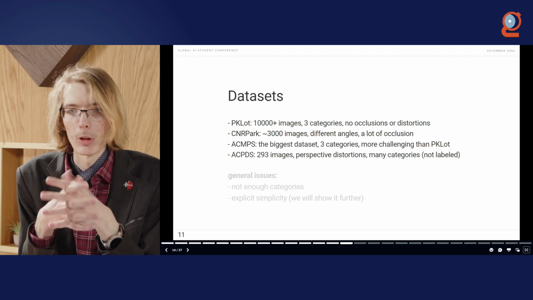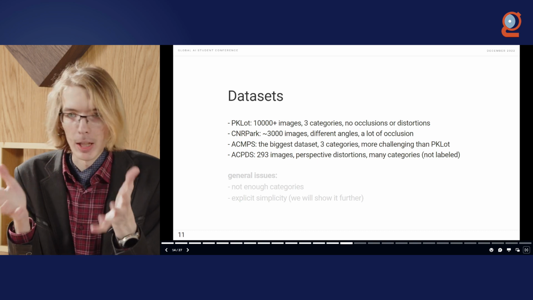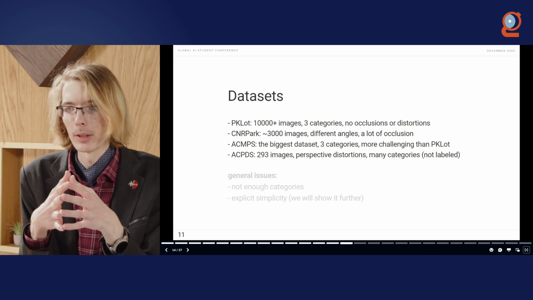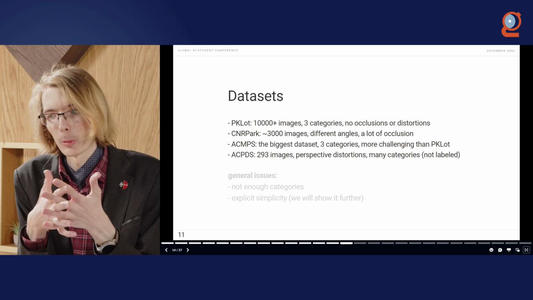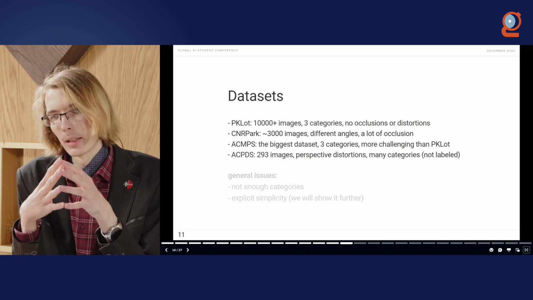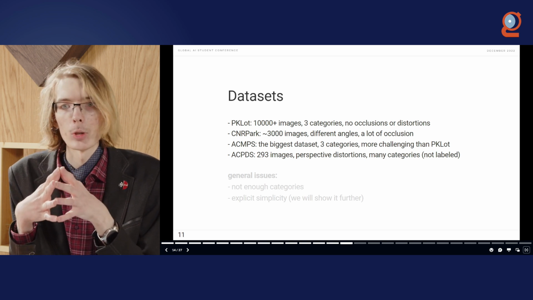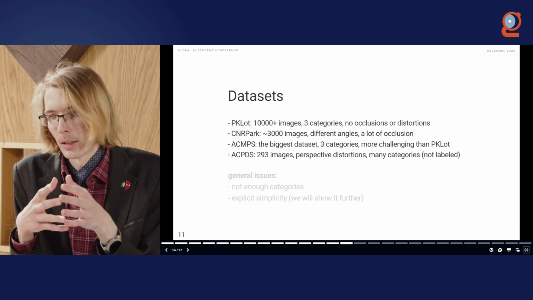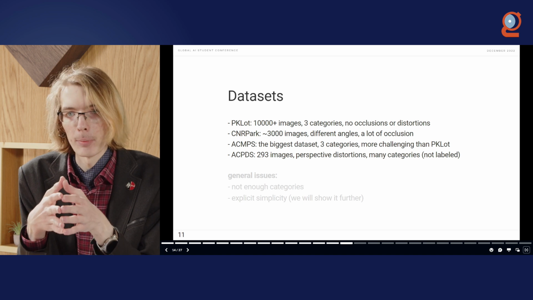CNRPark is a better option to evaluate your prediction model because there are many different angles and a lot of occlusions between cars and trees, which is a common scenario for real-world applications too. The last two published datasets are interesting. SPMS, 2 times larger than PKLot, contains some harder to process data, but not as challenging as CNRPark.